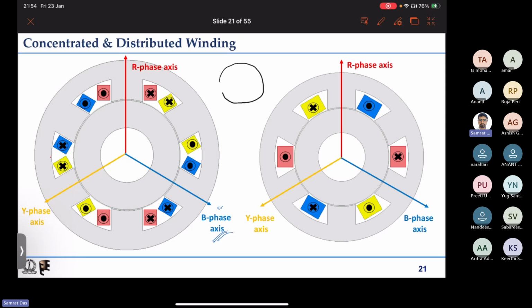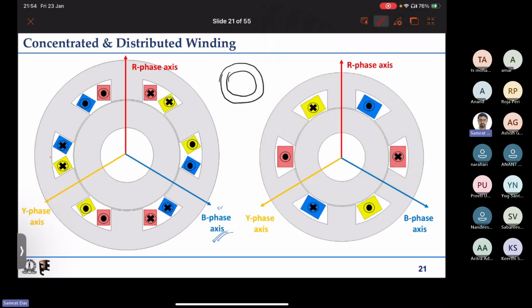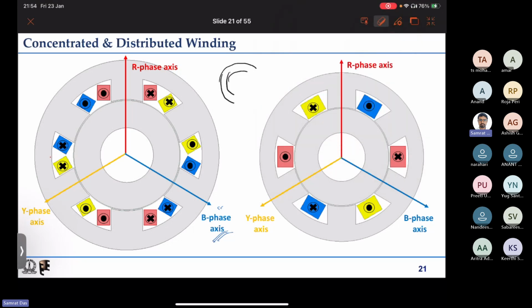Your proposition is, can we make all poles like this? So the red pole is only like this, and this makes up the red phase. Then yellow, because we need to have a 120-degree phase shift. It was vertical, so I'll maintain it vertical to avoid any confusion. Probably I'll do it on the same structure. So for red we are only using this dot and this cross.